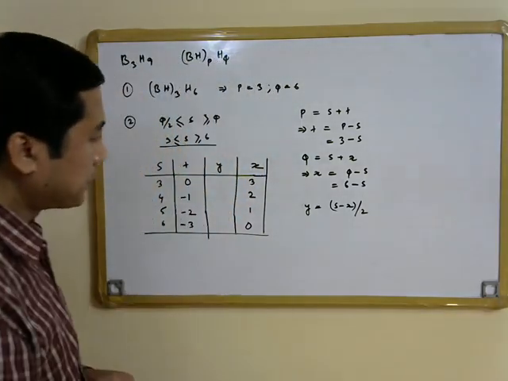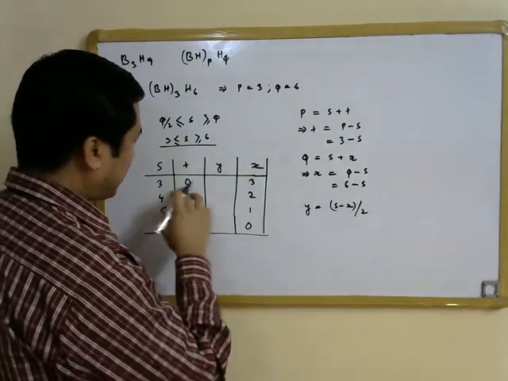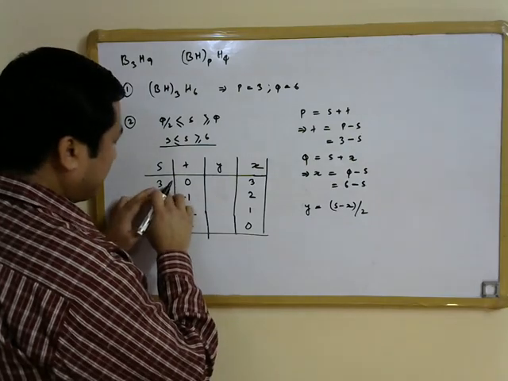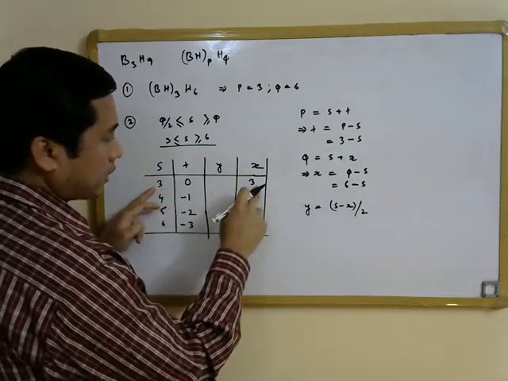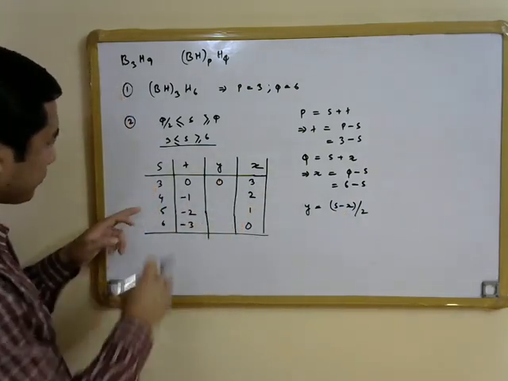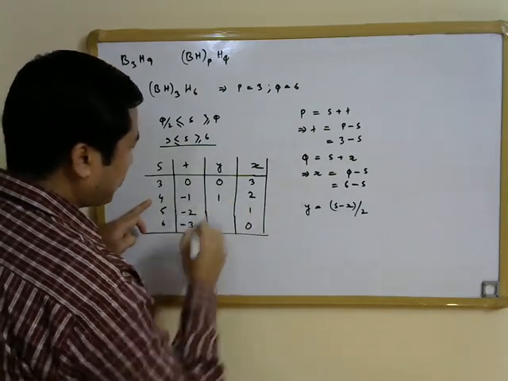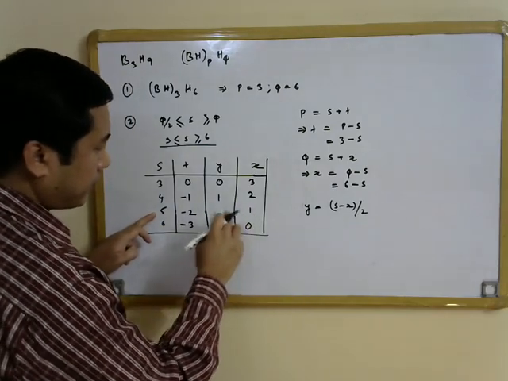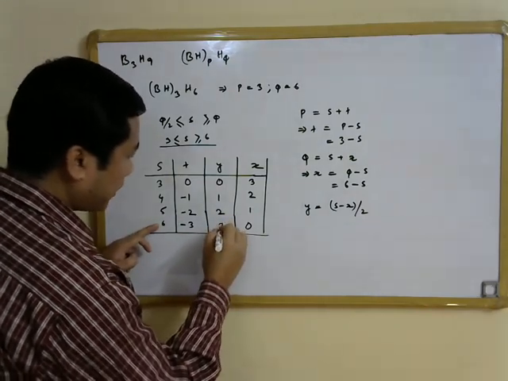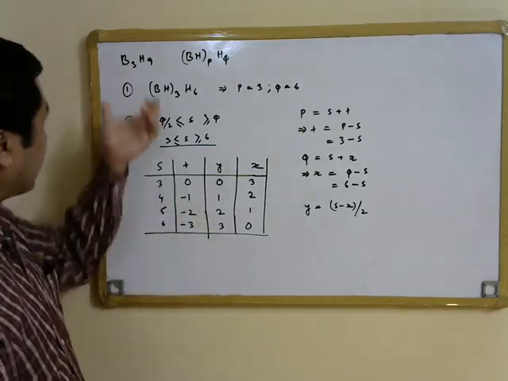Here we can substitute different values of X and S to get the values of Y. When S is equal to 3 and X is equal to 3, S minus X is 0 and Y is 0. 4 minus 2 divided by 2 is equal to 1. 5 minus 1 divided by 2 is equal to 2. 6 minus 0 divided by 2 is equal to 3. So these are the values of S, T, Y and X that we have obtained for B3H9.